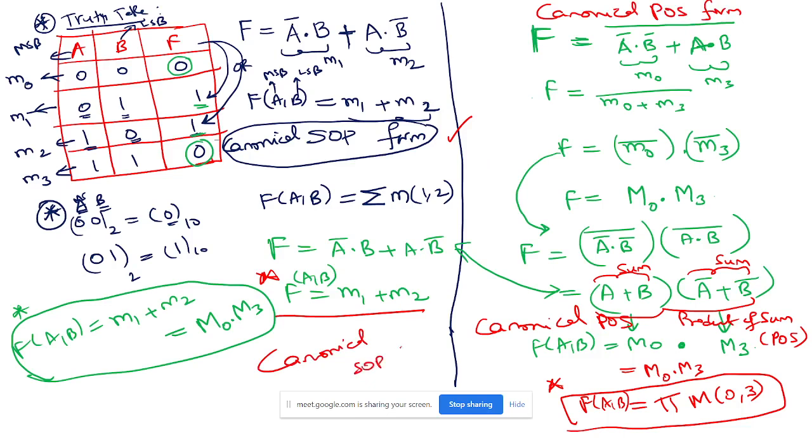If you look at canonical SOP, you have minterm 1 and 2 in this, right? Minterms 1 and 2. And if you look at canonical POS for the same function, these are called max terms. The left hand side is called minterms, the right hand side is called max terms.